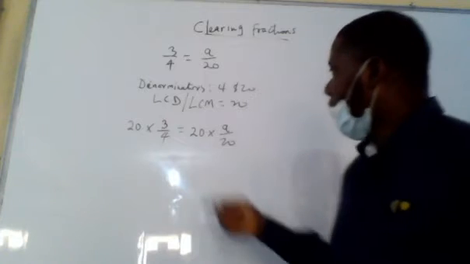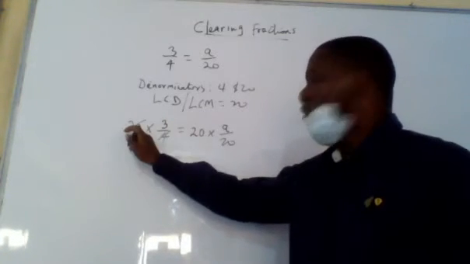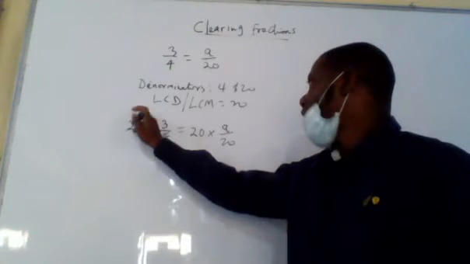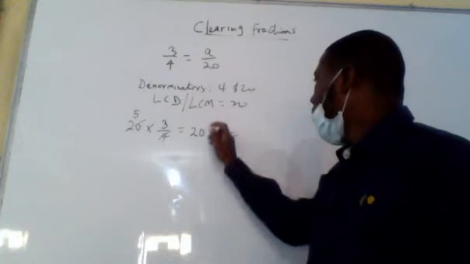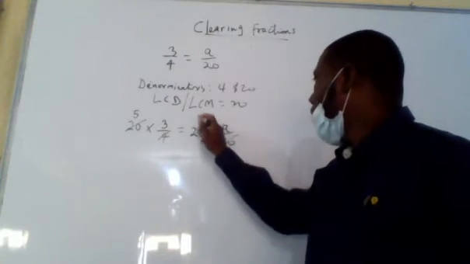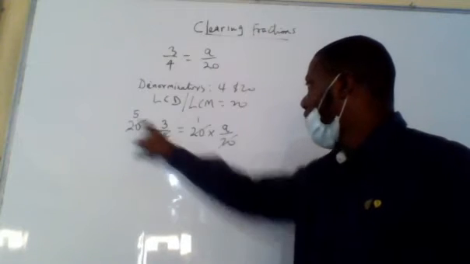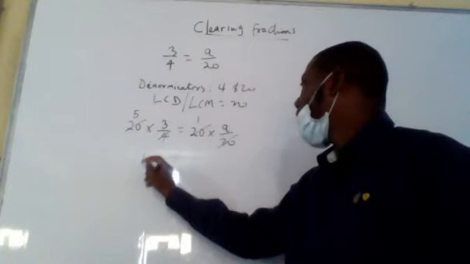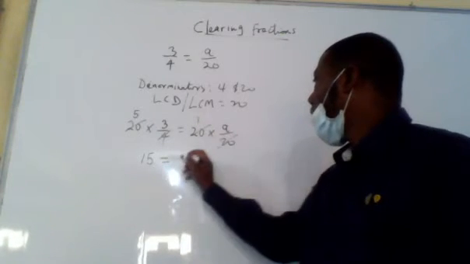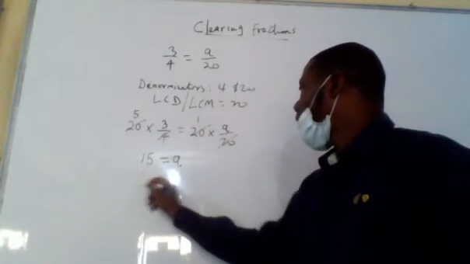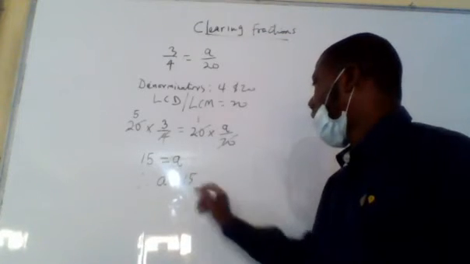From here, this 4 can go into this 20 5 times, and then this 20 can go into this 20 once. The next thing is to say 5 times 3, that will give me 15, equals 1 times a, that will give me a. So therefore the value of a is 15.